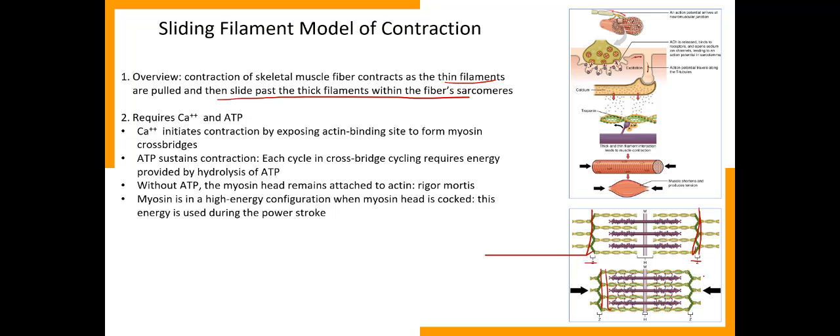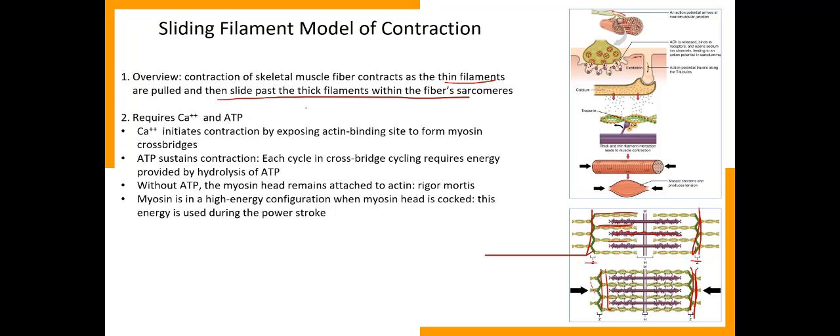This is the same sarcomere when it's contracted. The Z discs are still the same. The only difference is that the thin filaments pull and slide over the thick filaments over here. So it's the movement of the thin filaments sliding over the thick filaments.